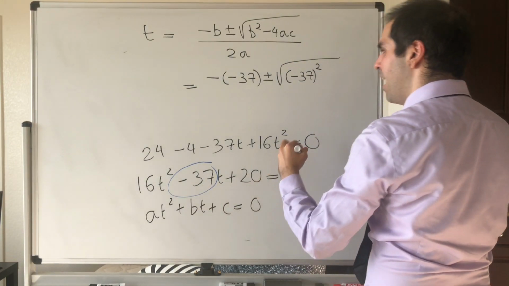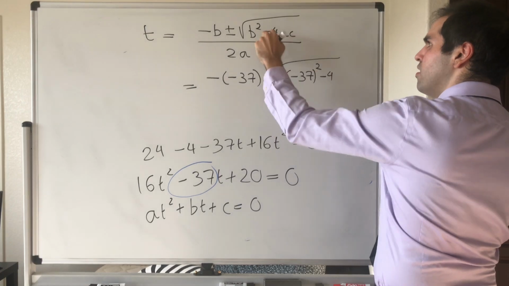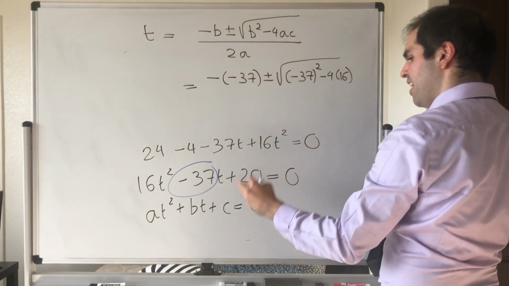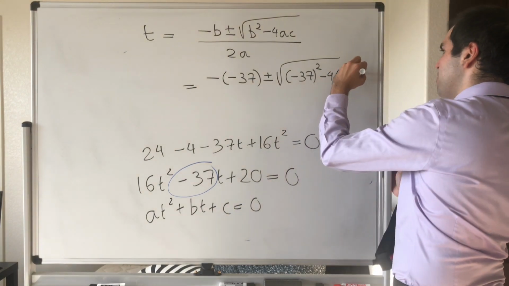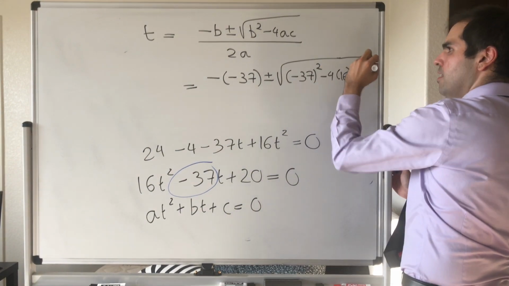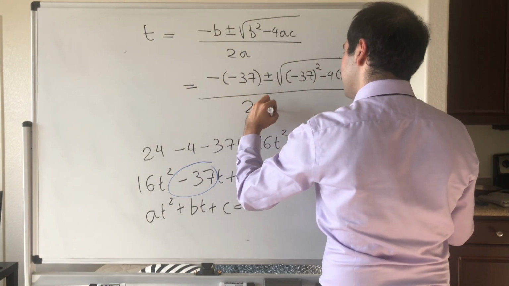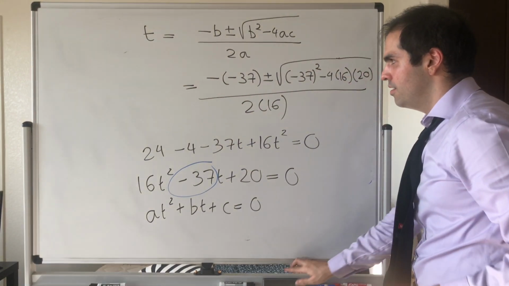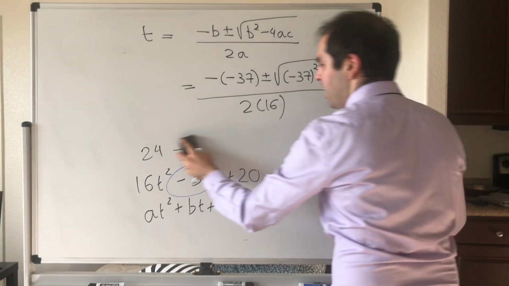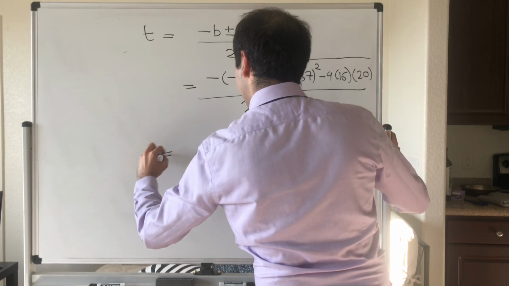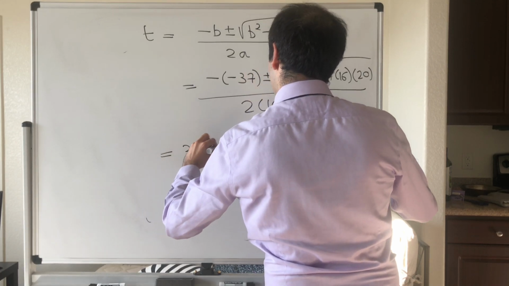And then minus 4 here, a, which is 16, and then c, which is 20, okay, over 2a, so over 2 times 16.